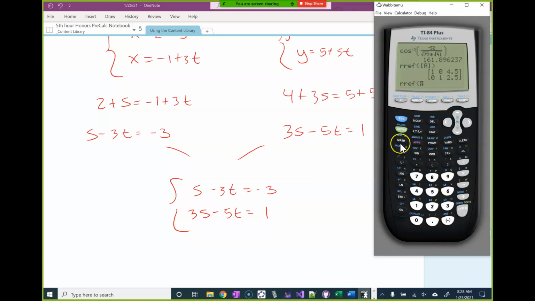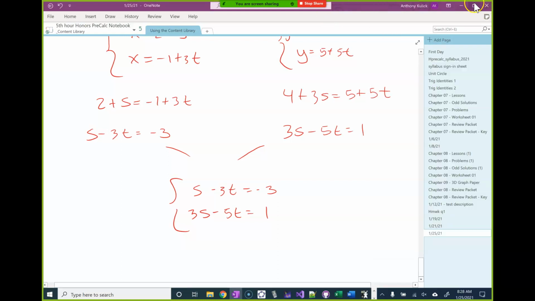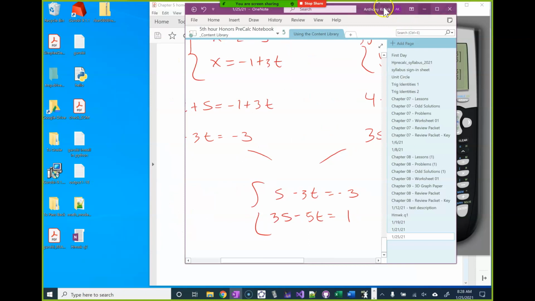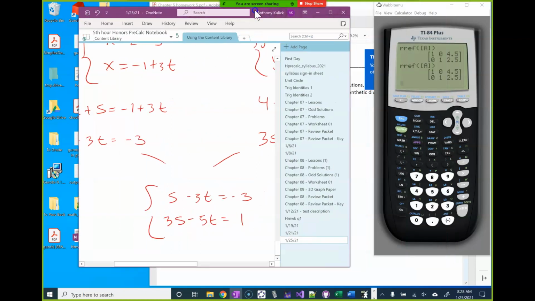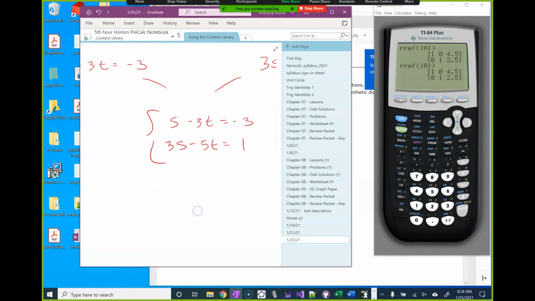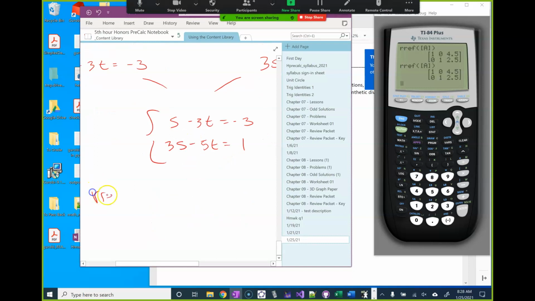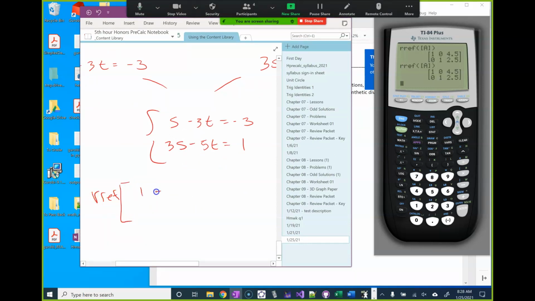That spits out this as an answer. And somehow, Mr. Kulik is going to claim that that answer tells you what the values for s and t are. So we did RREF of the matrix 1, -3, -3, 3, -5, 1. And that gives us the matrix 1, 0, 4.5, 0, 1, 2.5.